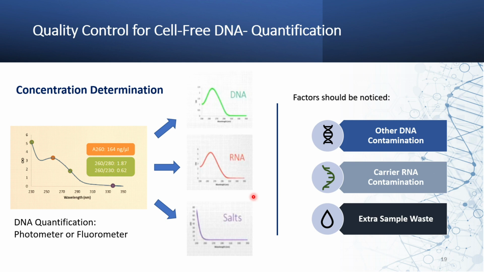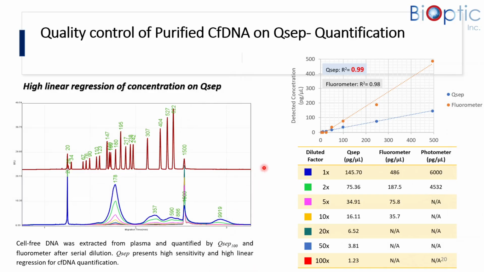Therefore, when we calculate the cell-free DNA concentration by photometer or fluorometer, it is easily overestimated due to other material contamination, such as the genomic DNA and the carrier RNA. Furthermore, extra sample consumption is also a concern during the cfDNA qualification and the quantification.